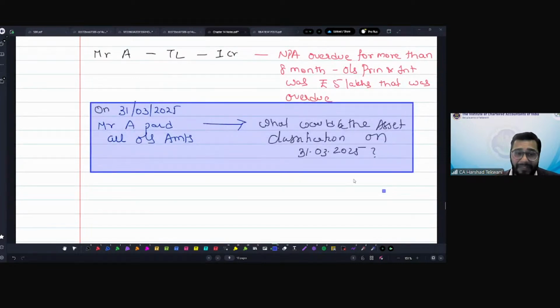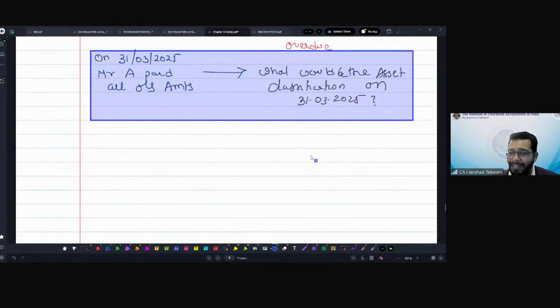So there is a specific requirement. I can only say this is a standard asset when banks submit satisfactory evidence about the manner of regularization.